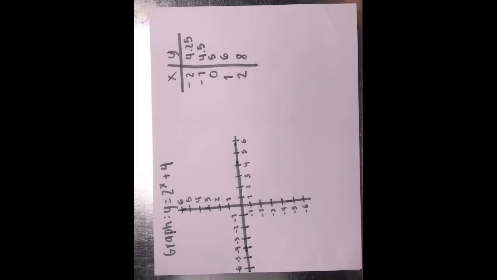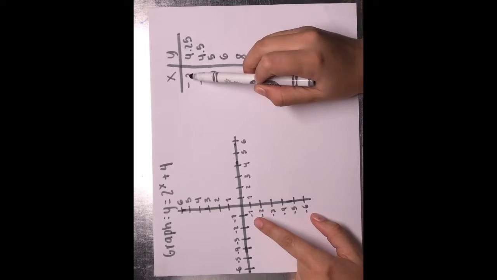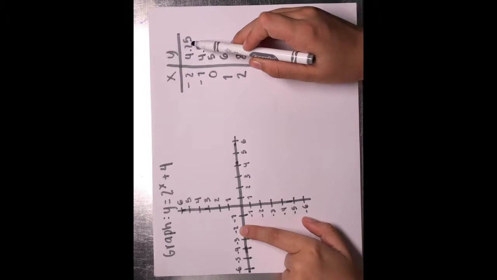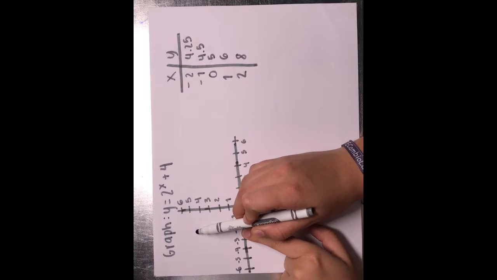The third step is to plot all these numbers on the graph. The minus 2 here on 4.25, it will be like here.